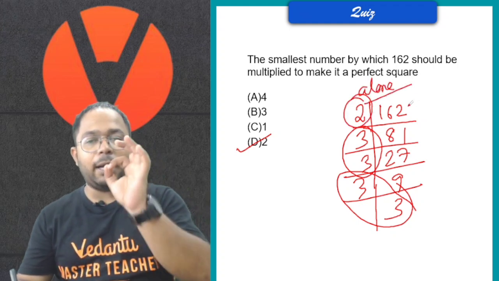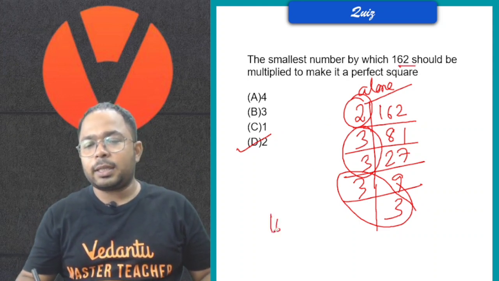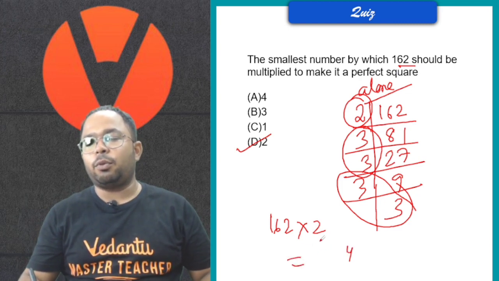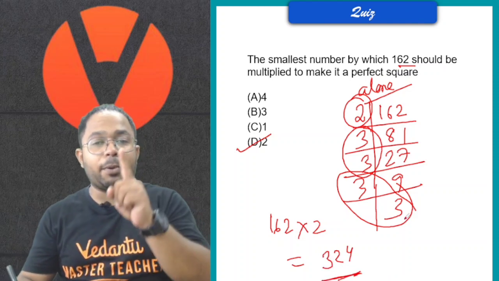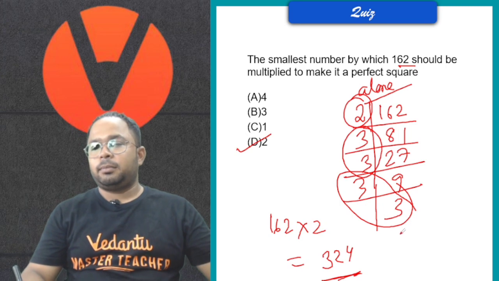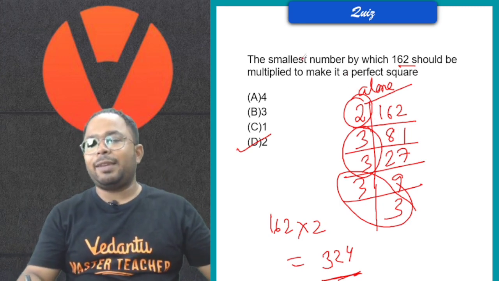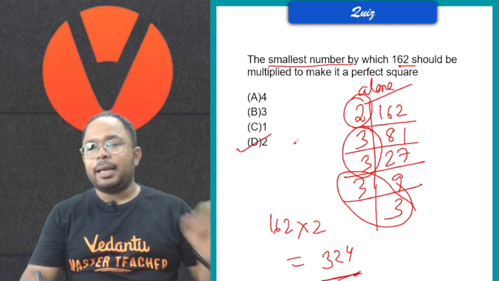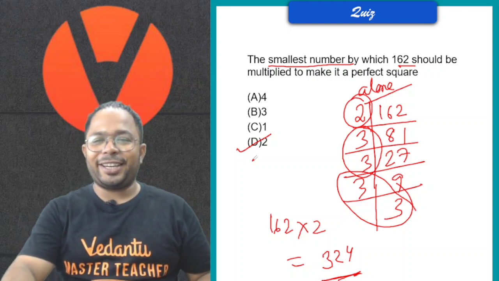So if we multiply 162 with a 2, we will get a number: 2 2s are 4, 6 2s are 12, carry 1, 324. So this 324 is a perfect square. And since there is a deficiency of 2, the smallest number to be multiplied is 2. Alright, let's move on to the next question.